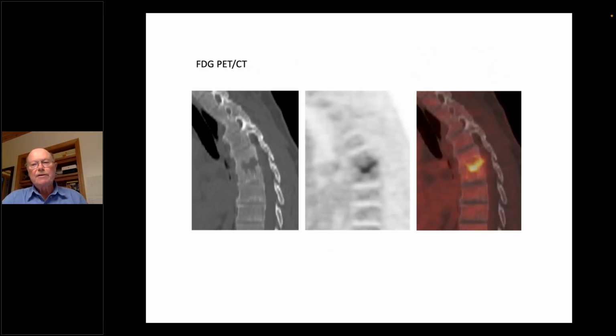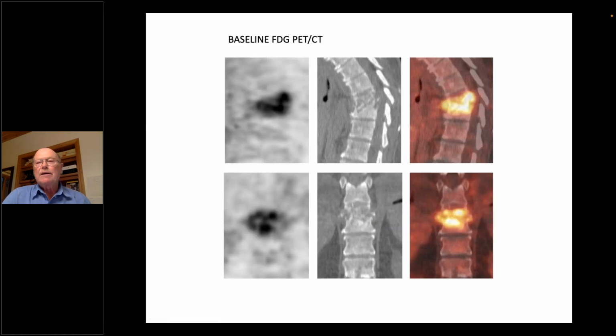A PET CT was done to assess treatment response, and the abnormal activity is, my cursor, clearly evident on the FDG PET image. Because the spine is a relative blind spot for white blood cell imaging, we explored the use of FDG.